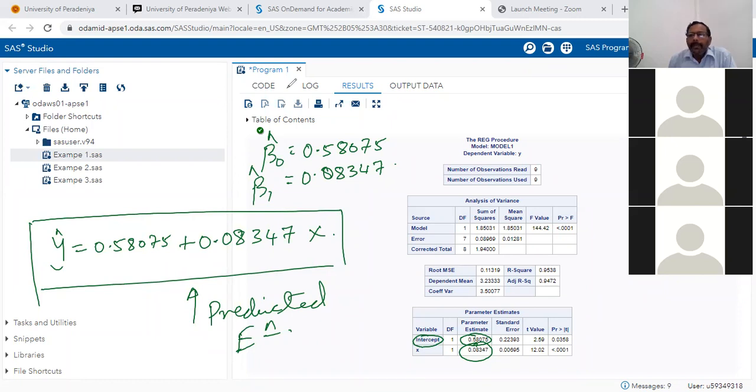Is that clear to everyone? In the last semester, we calculated everything manually. Now it comes automatically once you enter the data.